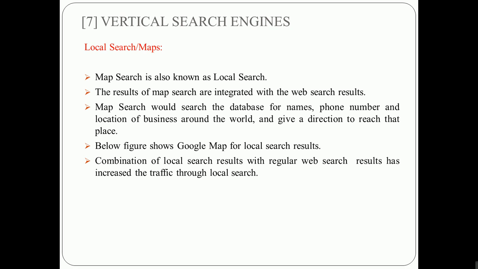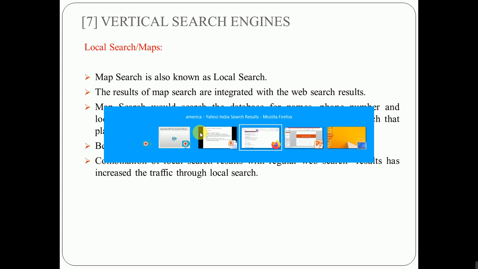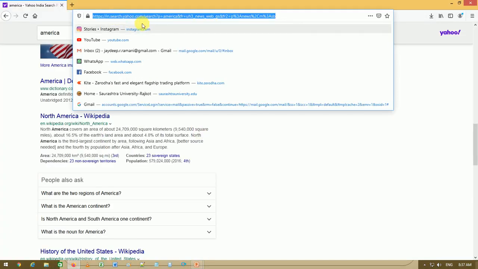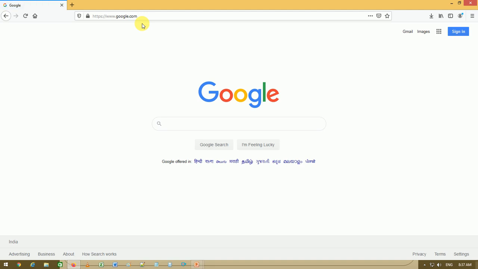So the combination of both, local search and web search results, increases the traffic, because the local user is also searching and the users across the entire globe are also searching, so both combine and the traffic obviously increases.